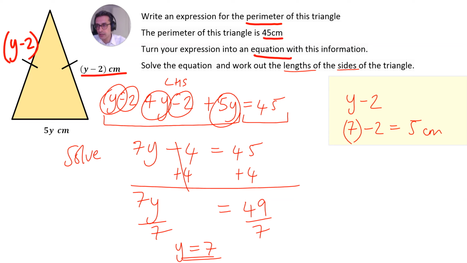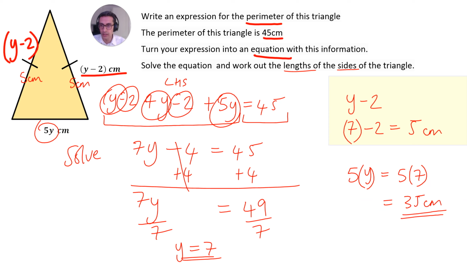So that's these two sides, 5 centimeters, 5 centimeters. And then the 5y is going to be 5 times y, which is the same as 5 times 7, which is 35 centimeters. And that is your answer.